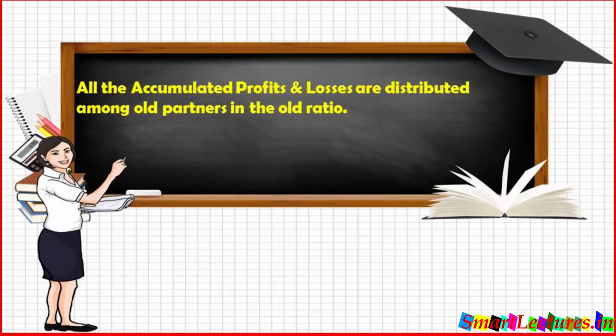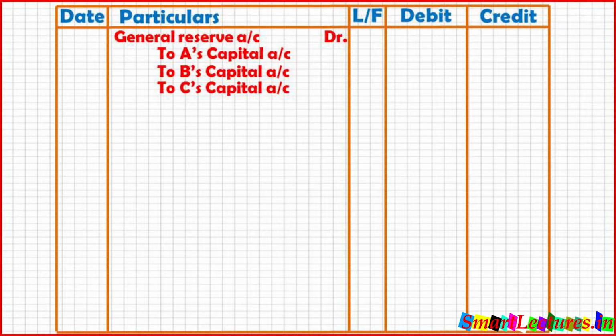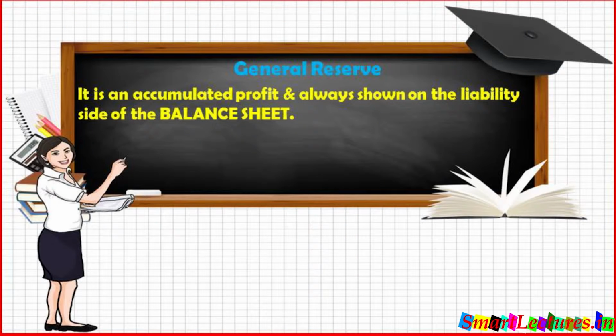So, all accumulated profits are distributed among old partners in old ratio. And the journal entry will be general reserve account debit to A's capital, to B's capital, to C's capital: 10,000, 4,000, 4,000, 2,000.